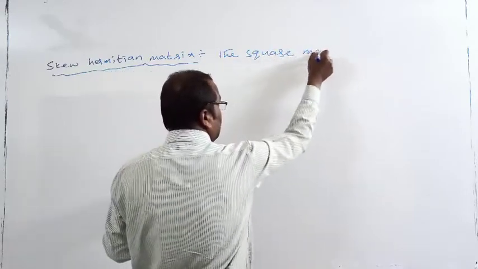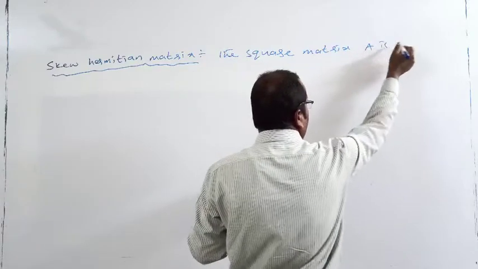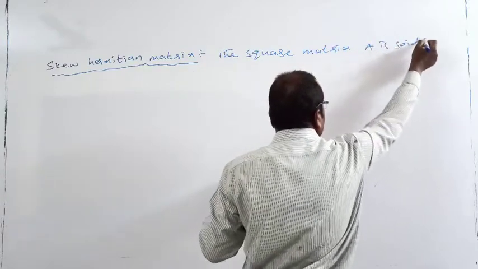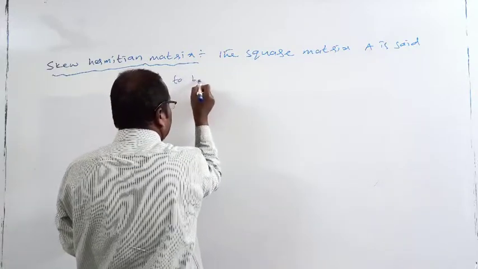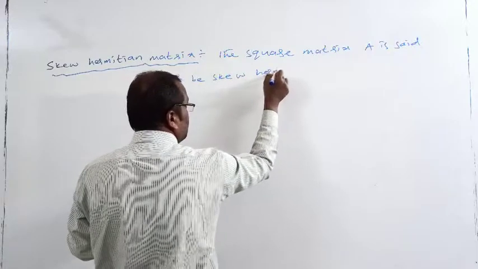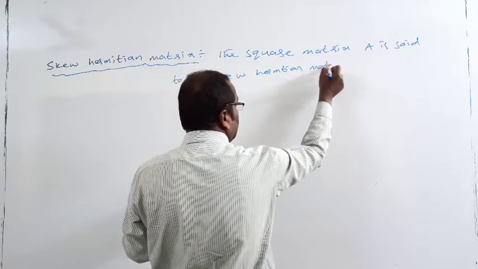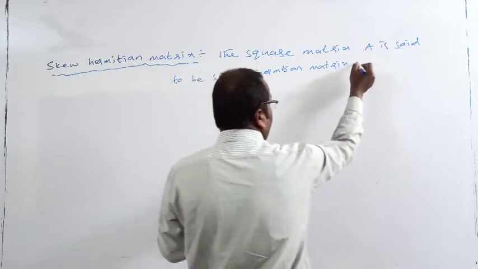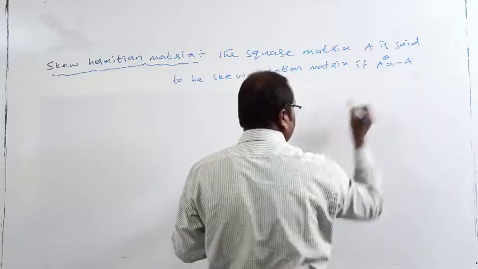The square matrix capital A is said to be skew Hermitian matrix if A power theta is equal to minus A.